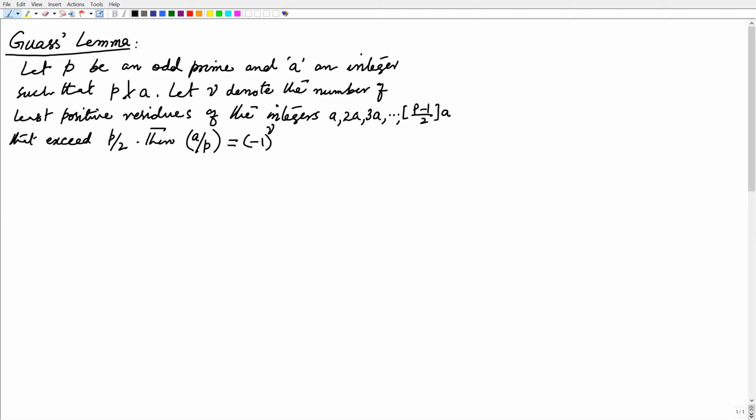So that's a very easy way to find the Legendre symbol through Gauss lemma.